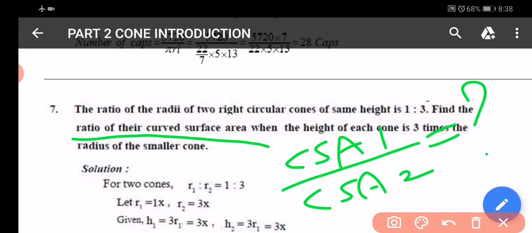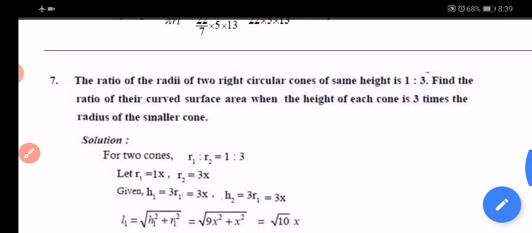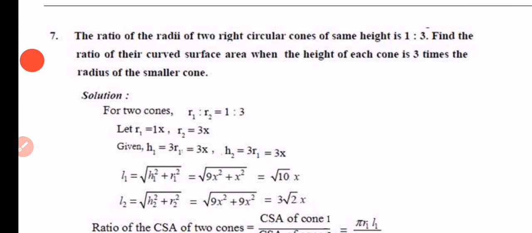So what is the formula for curved surface area of cone? It is pi r L. In the first cone pi r1 L1 and second cone pi r2 L2, that's all. So we need r and L, but in the sum they have given r and h in the ratios.